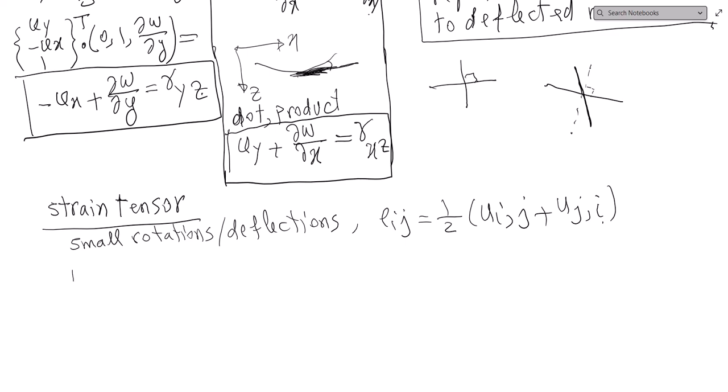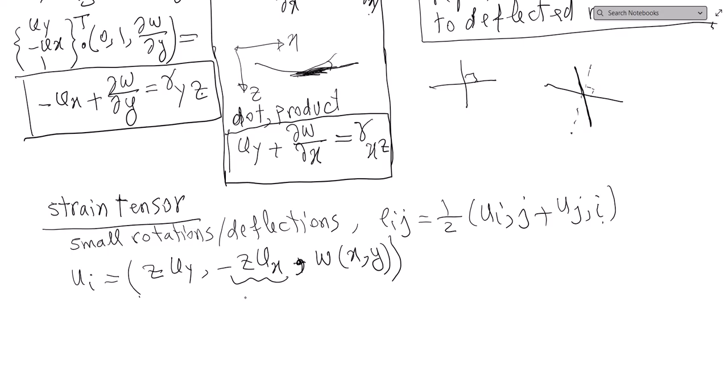But what is the displacement? Ui is actually, before we work it out, z phi y minus z phi x and w. But sorry, wx is a function of x and y.